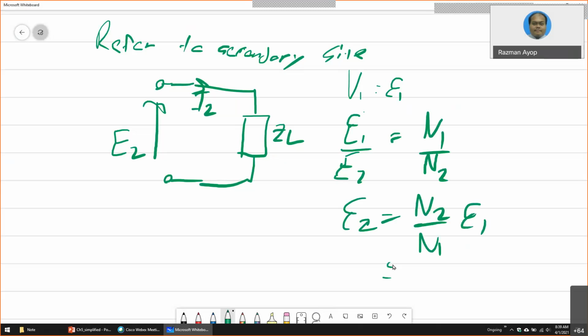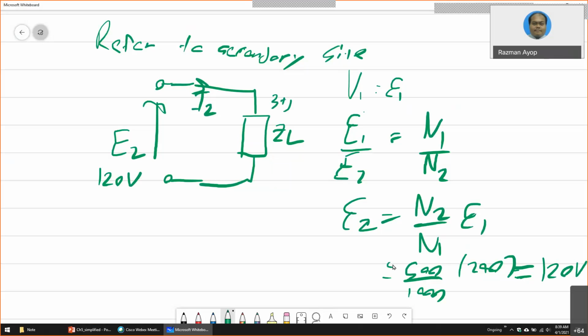So N2 is 500 divided by 1000, multiplied by 240. You get 120 volt. So this one is 120 volt. How about ZL? ZL just uses back the value 3 plus J4.